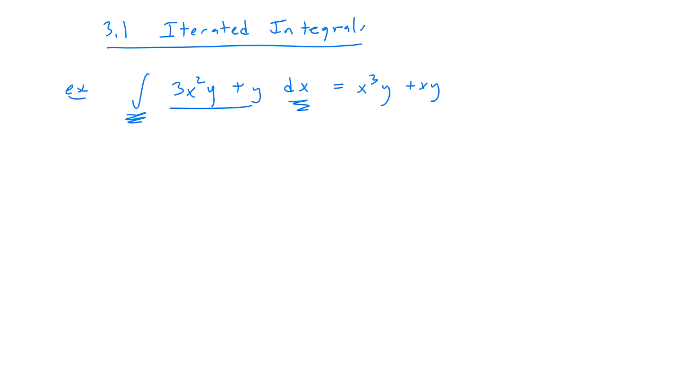And then, as usual, we get a plus c, but it could be any function that only has y's. Because we know if we want to go backwards, I can take the derivative of this, and I should get back what I start with. And I know the derivative of any function that just has y's in it with respect to x would be 0. So instead of just a constant, it can be a constant in terms of y.